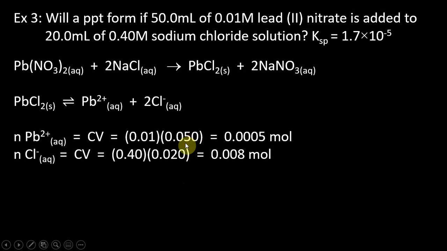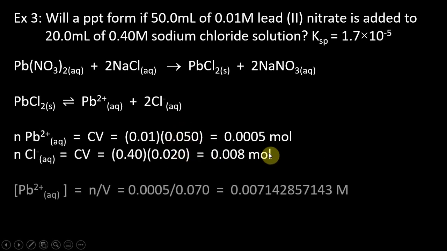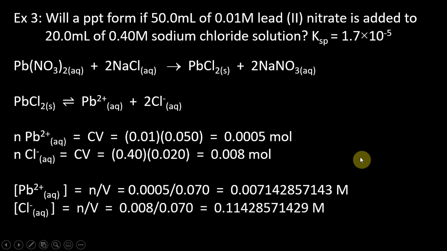Because we're adding these volumes together, we get 70 milliliters. So 0.0005 divided by 0.07 gives us a 0.007-ish molar concentration of lead(II) ions, and 0.008 divided by 0.07 liters gives us 0.114-ish molar of chloride ions.